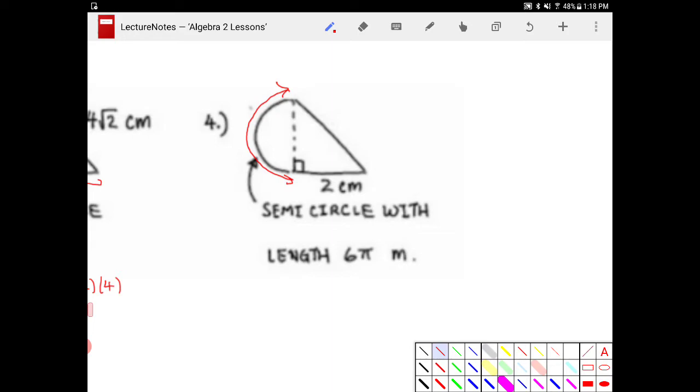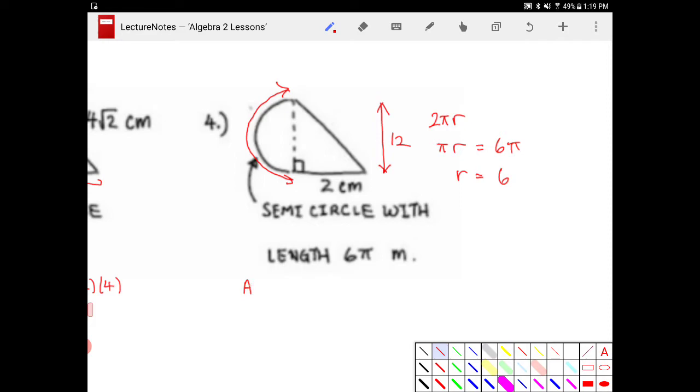If the full length of a full circle is 2 pi r, half a circle is pi r. Pi r is equal to 6 pi because I'm told this. So therefore the radius must be 6. And if the radius is 6, that means the height of this triangle must be, you guessed it, 12.